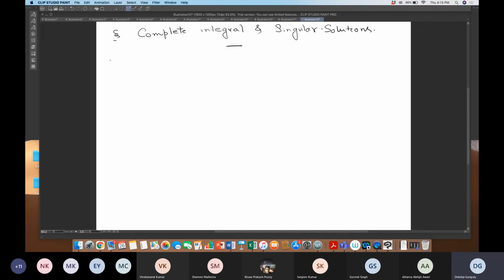Okay. So now let us fix a set A in R2, an open set. Let a be the ordered pair a1, a2, and of course capital X is x comma y.